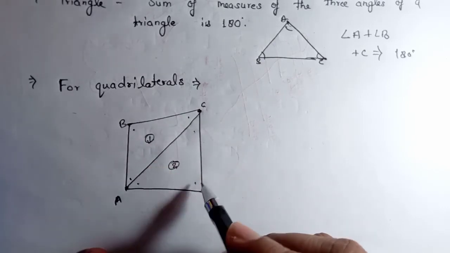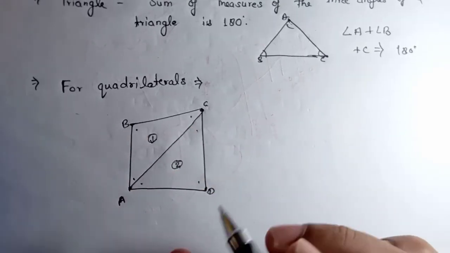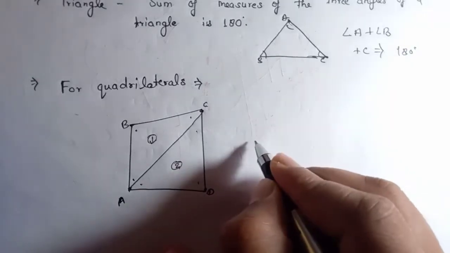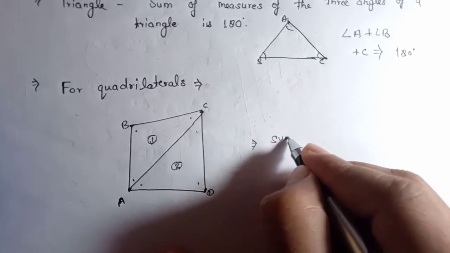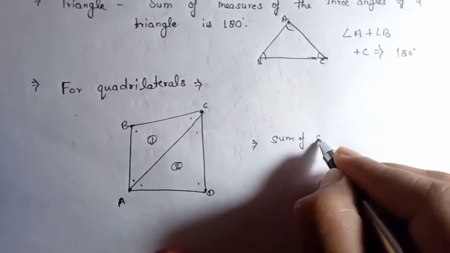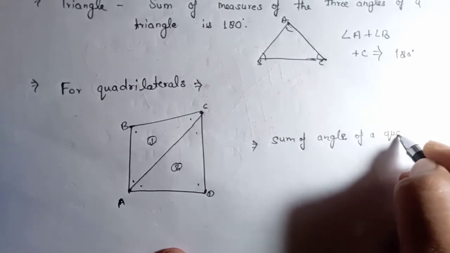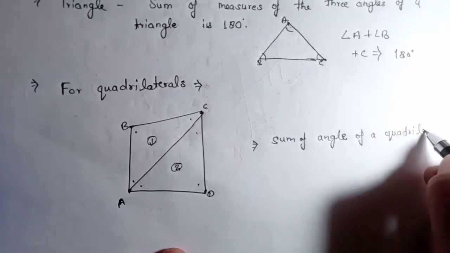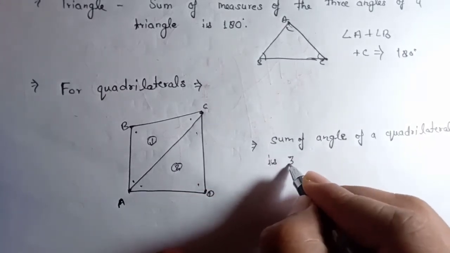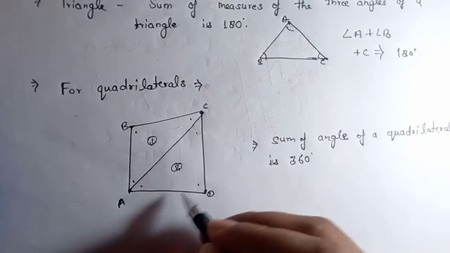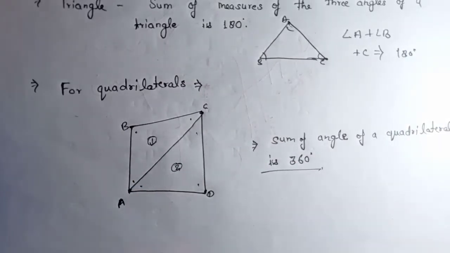So the sum of internal angles of this quadrilateral is 360. You can write here: sum of angles of a quadrilateral is 360. All the internal angles give the sum of 360 degrees in case of a quadrilateral.